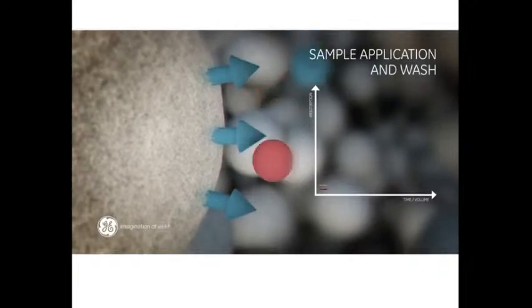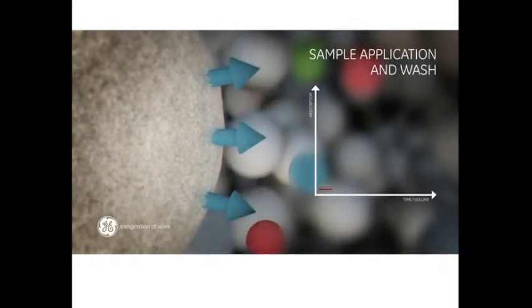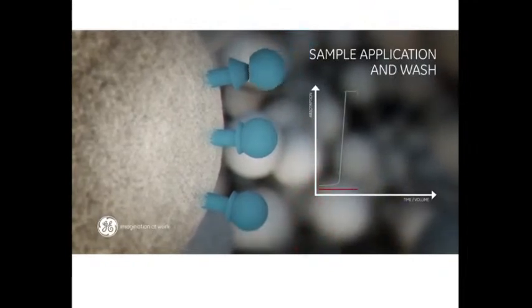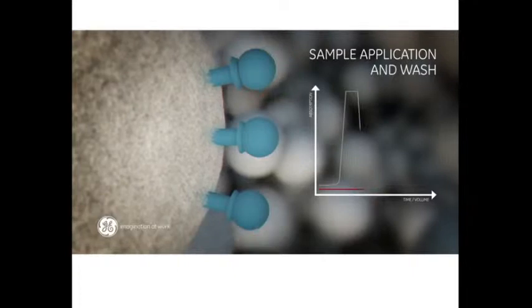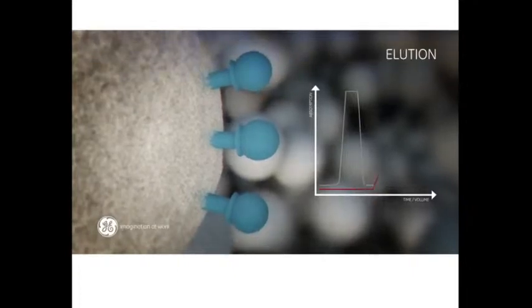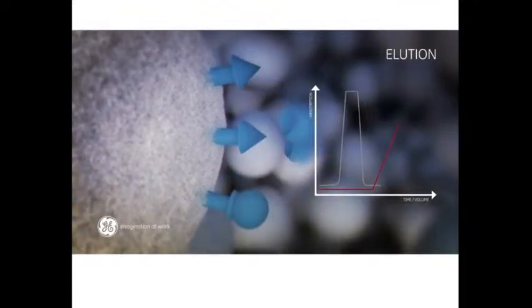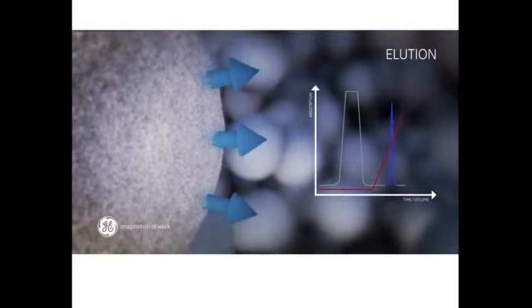The goal in this step is to bind the target molecules and wash out all unbound material. Non-binding molecules will pass through in the flow-through during washing with binding buffer. In the third step, elution, biomolecules are released from the biospecific ligand into the elution buffer by a change in the buffer composition. A common way is to change the pH of the buffer.